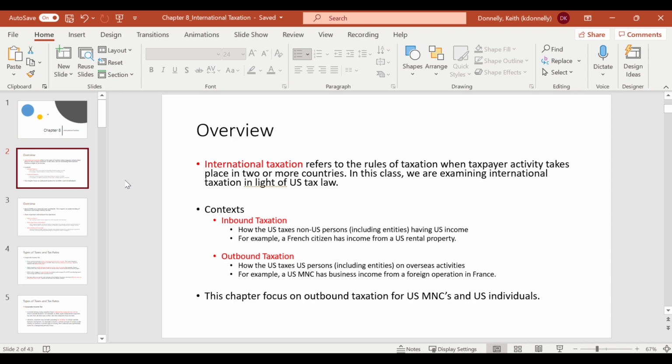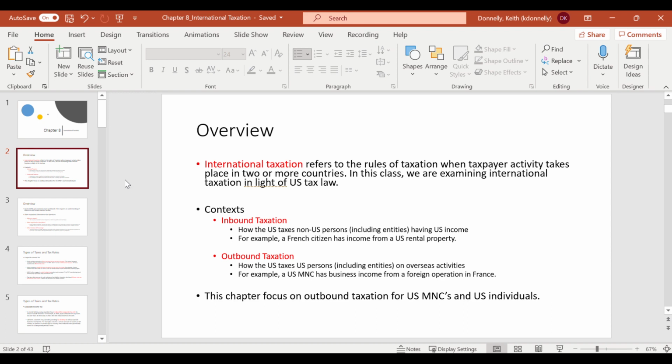and has tax consequences. In distinction, we have outbound taxation. So this is how the U.S. taxes U.S. persons, individuals or entities, on their overseas activities. So for example, if you had a United States MNC, like Apple or something like that, and they have income from foreign operations in France, for example, how would we treat that?